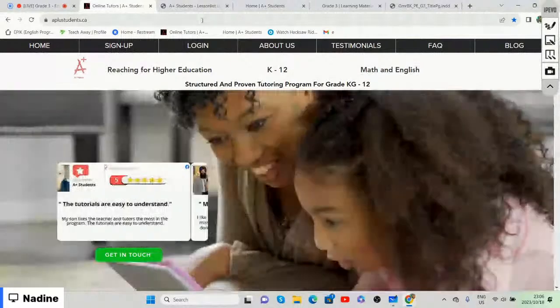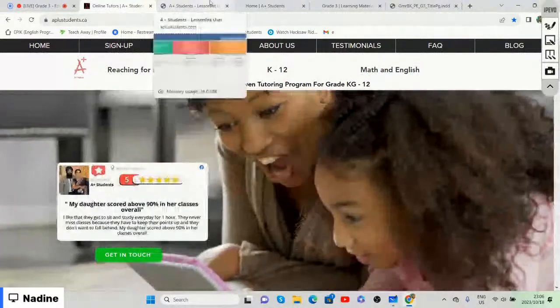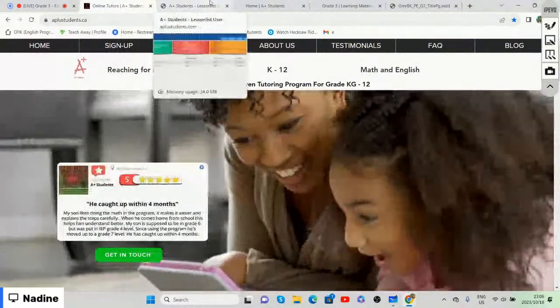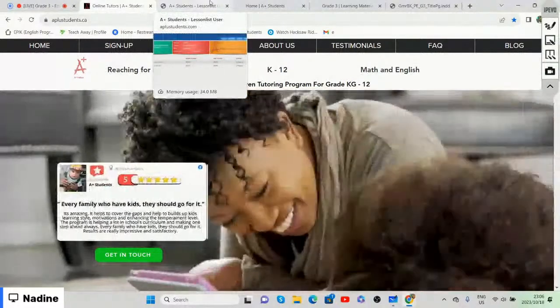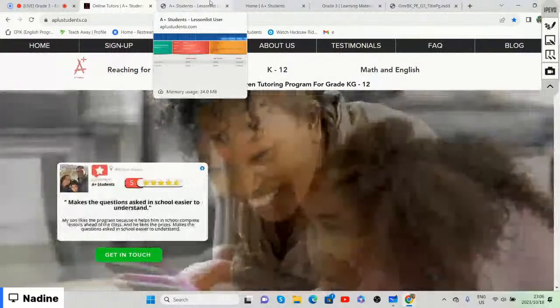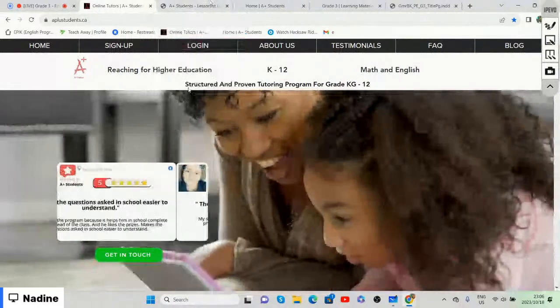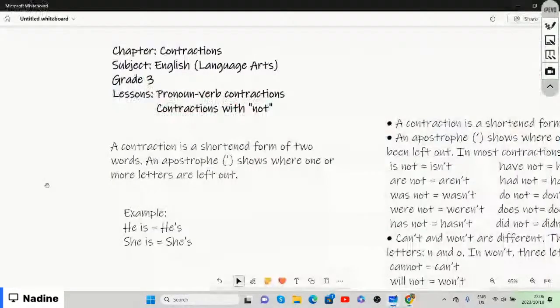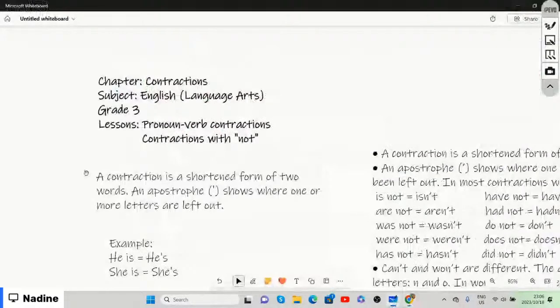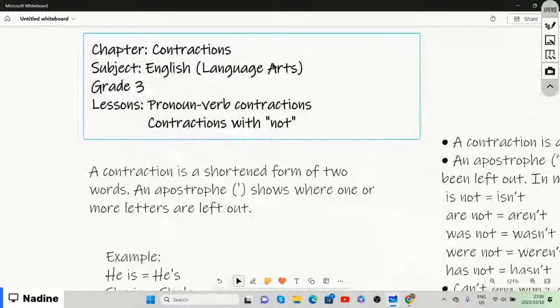Then we are going to scroll down until we get to the chapter of contractions. So our chapter is contractions, the subject is English, which is language arts, grade 3.